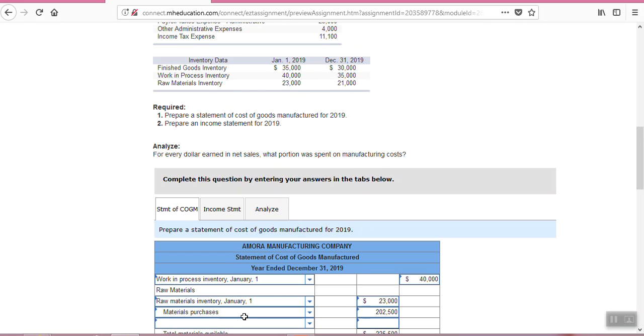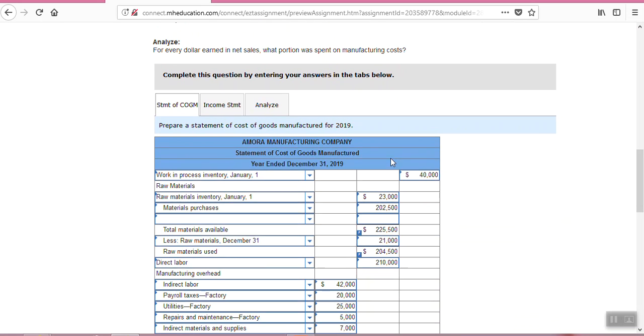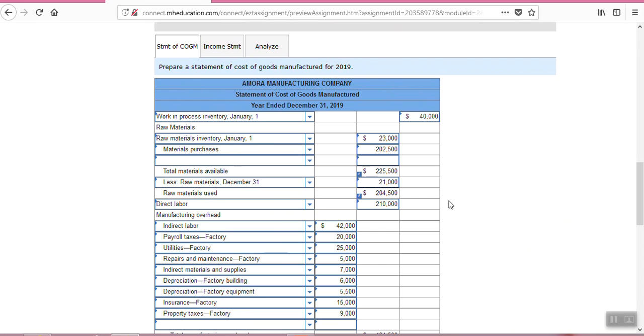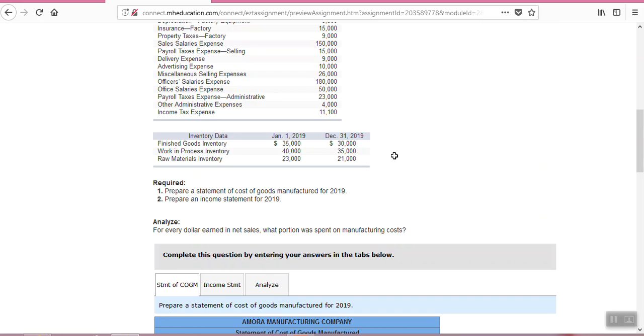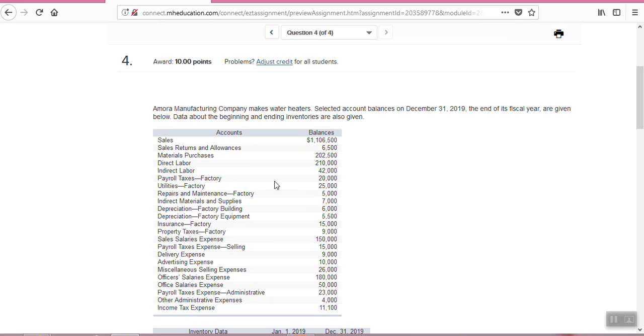The next thing we're going to do is start with our raw materials. And we're going to start with our raw materials inventory at the beginning of the year, which is also in the chart. The next thing we're going to do is add our material purchases. And then we're going to take away our raw materials at the end of the year. And this one's off of that little chart I just showed you with the inventory data. The purchases are actually up here at the top, right there.